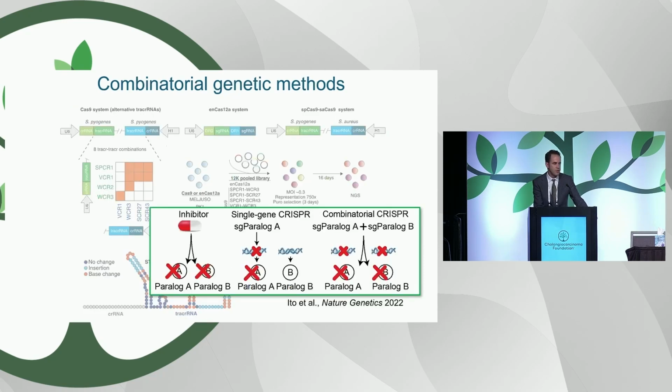And this has been particularly useful in drug development because one of the challenges in functional genomics is that many of the enzymes that we target with small molecules have closely related paralogs. So for example, trametinib is an inhibitor of MEK1 and MEK2, and you're never going to find just MEK1 on a CRISPR screen because MEK2 is there as well.